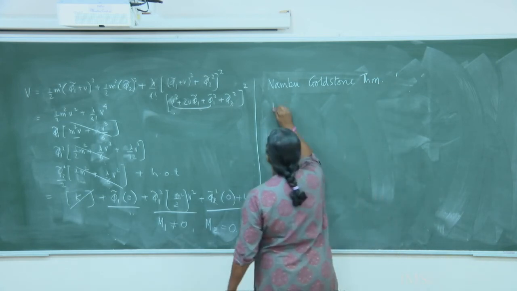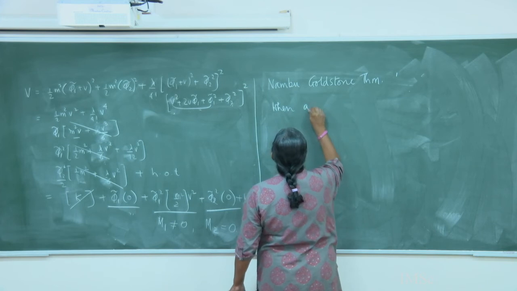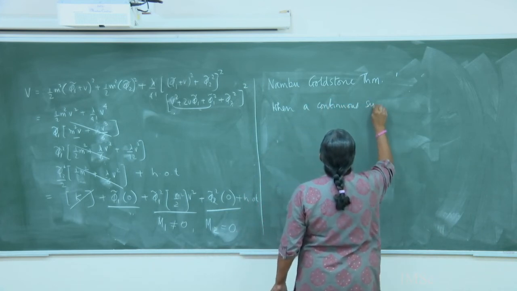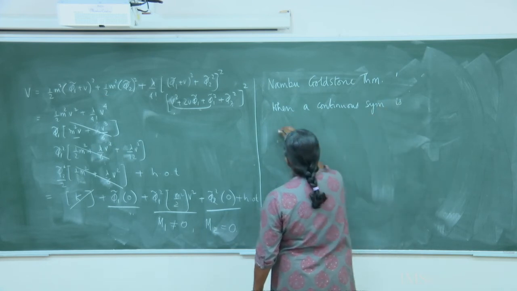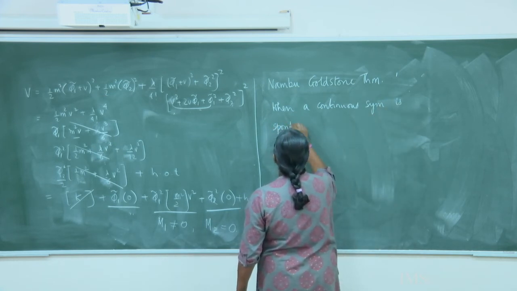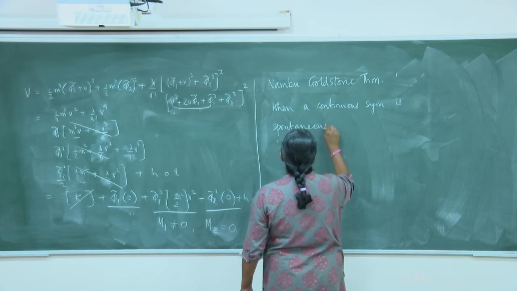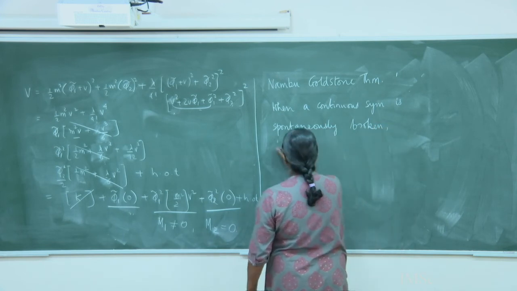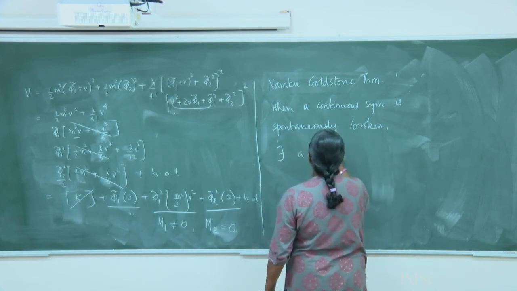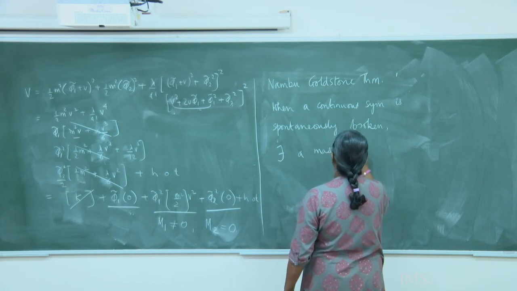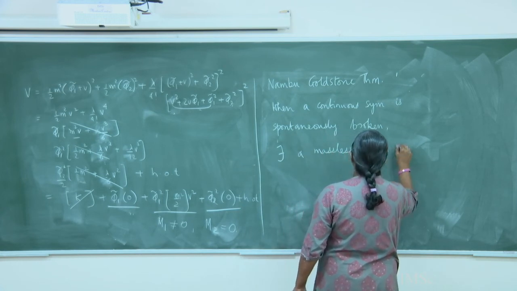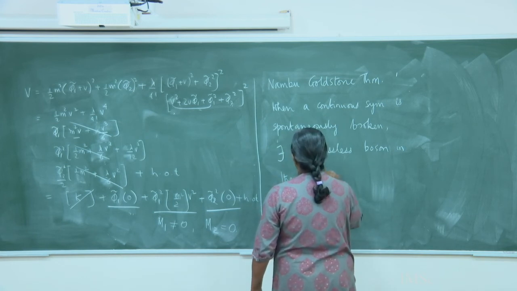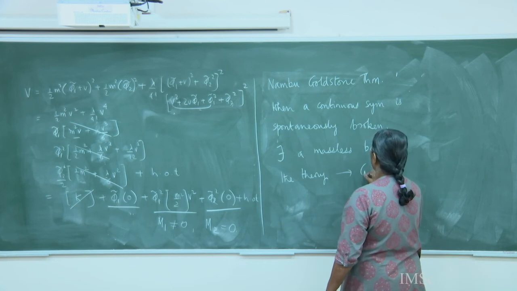So, when a continuous symmetry is spontaneously broken, there exists a massless boson in the theory, and this is called the Goldstone boson.